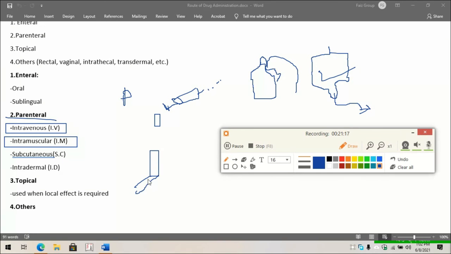The drug remains there. Suppose this is the hand of someone. Here the drug is given in the depot form.